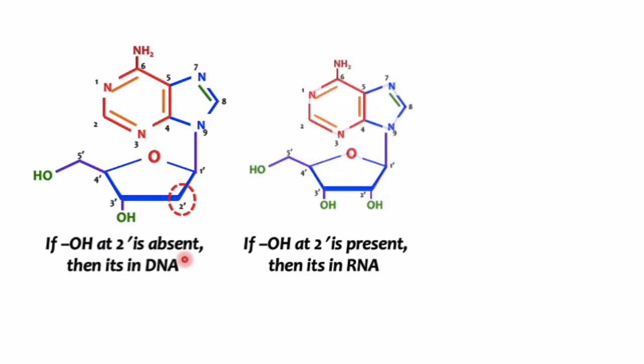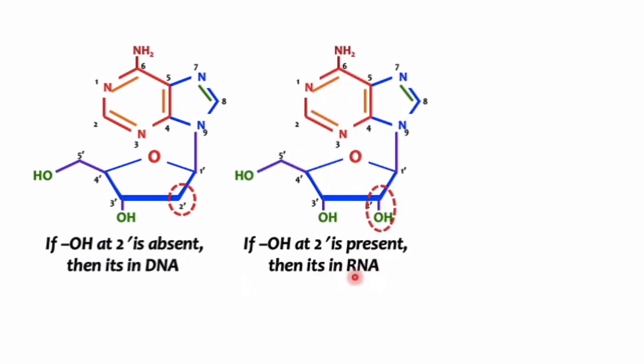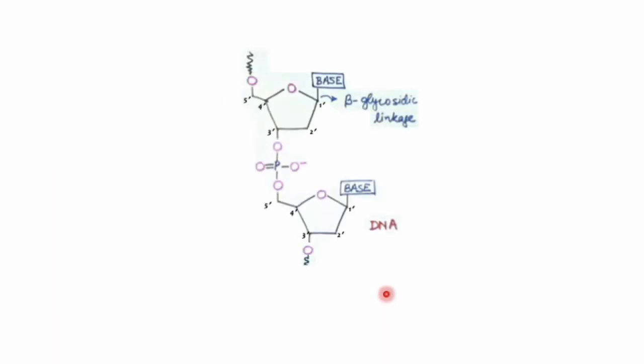Now check the next thing. If OH is absent at 2 prime, then we call it DNA, correct? This is the DNA part, okay, because it is deoxyribose. If OH is present, then we call it RNA, correct? So that is ribose only, right? So you can generally see that this is the base.